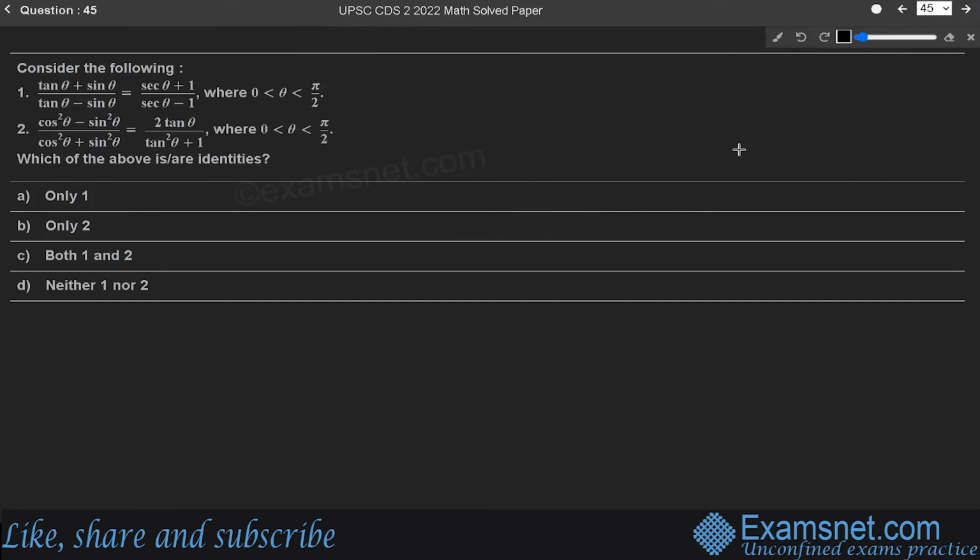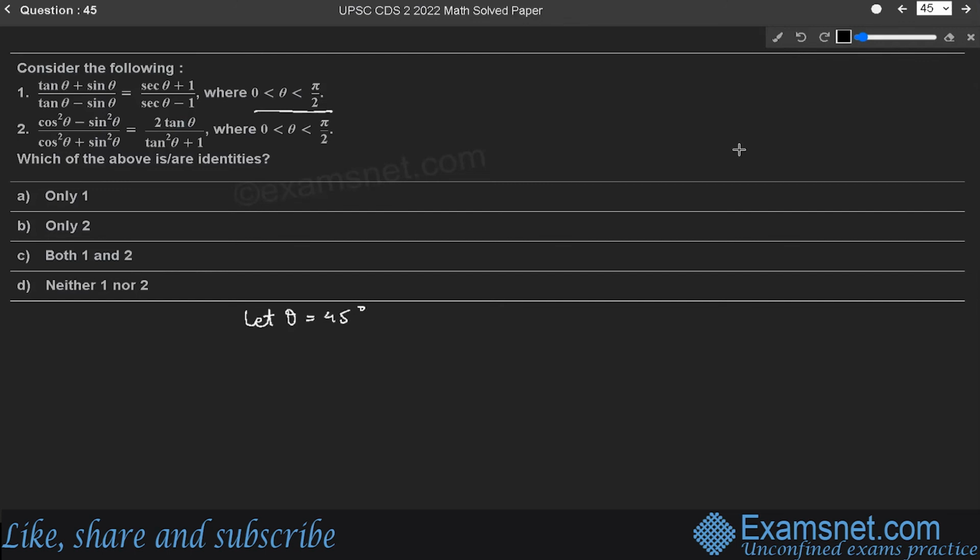Next question is also from the trigonometry part. The statements are given and it is clearly written that theta lies between 0 and pi by 2. It means that here also we can let any value of theta. So let us take the value of theta as 45 degree only.